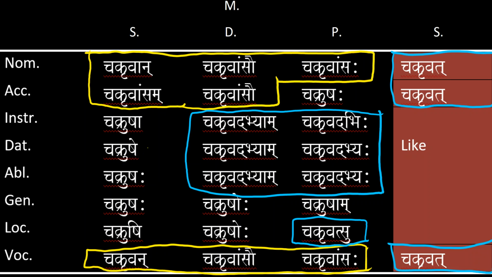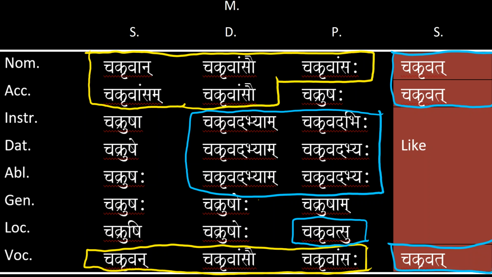Then back to the middle stem for dative dual and plural, we have chakrivadbhyam and chakrivadbhyaha. For ablative singular, weak stem, chakrushaha. Then for ablative dual and plural, back to the middle stem, chakrivadbhyam and chakrivadbhyaha.